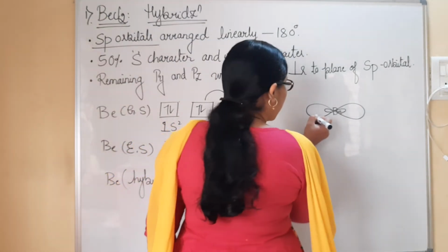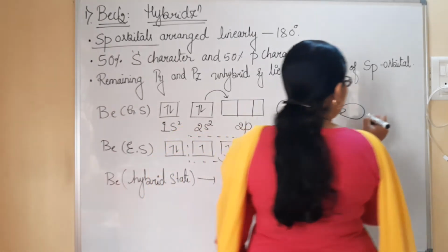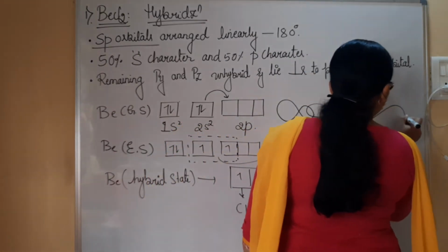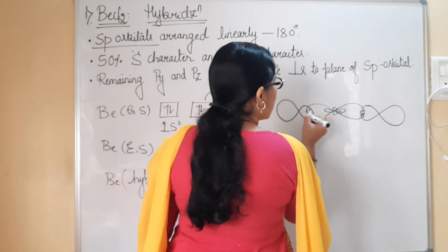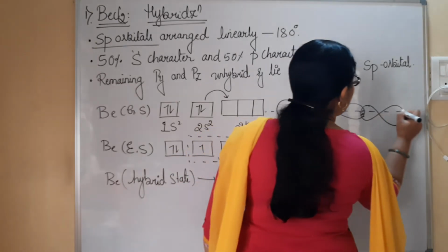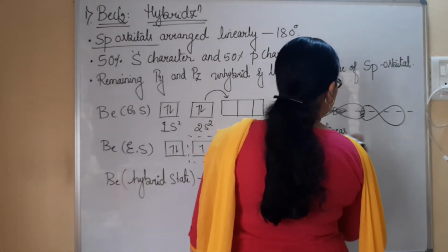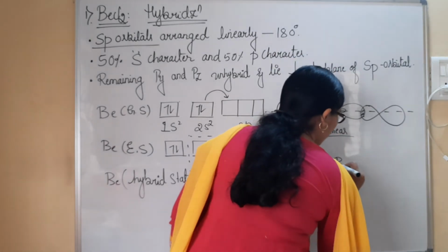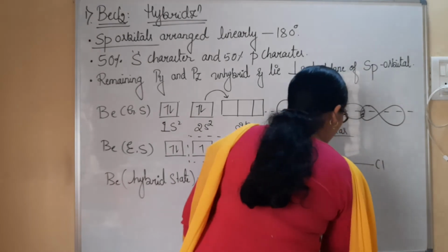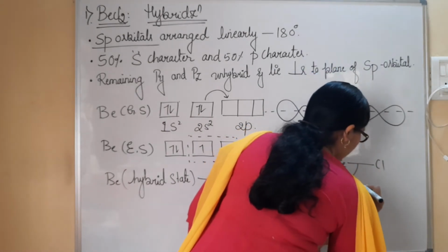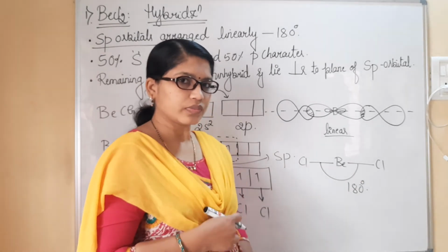So one chlorine will come and attach here in this fashion, and similarly another chlorine will come and attach in this fashion. So now this is said to be a linear molecule. Linear combination takes place. See how to show this: Cl-Be-Cl. The bond angle is 180 degrees. This is a linear molecule, right?